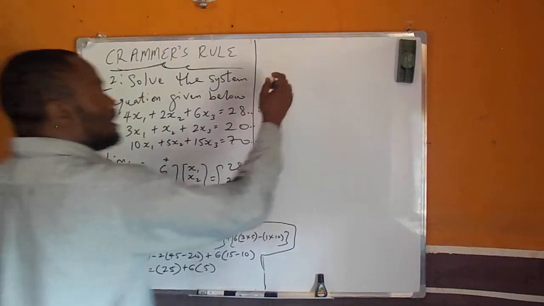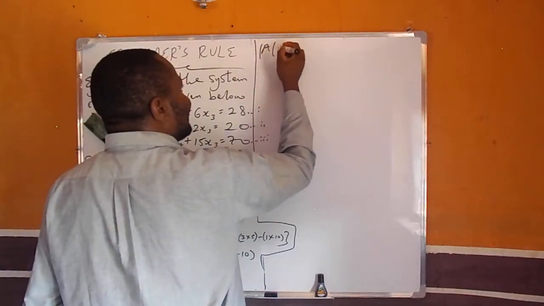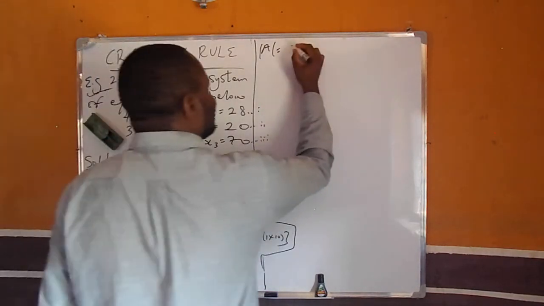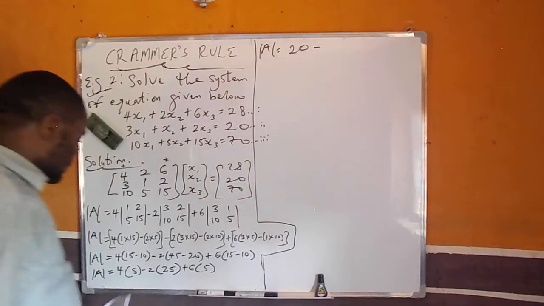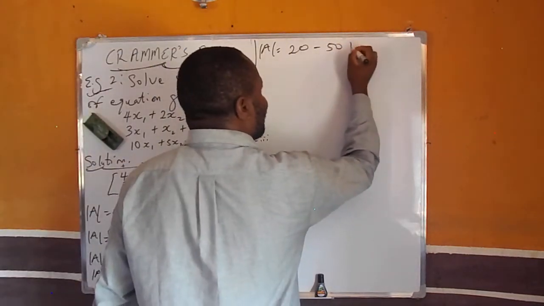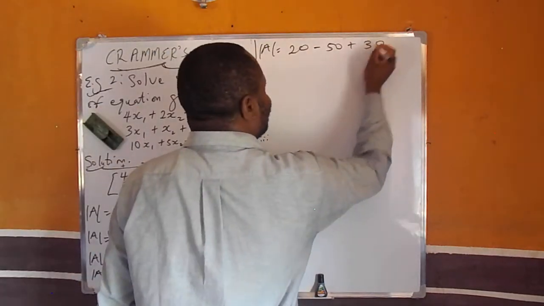Now you continue by saying that determinant of A equals 4 times 5, 20, minus 2 times 25, 50, plus 6 times 5, 30.